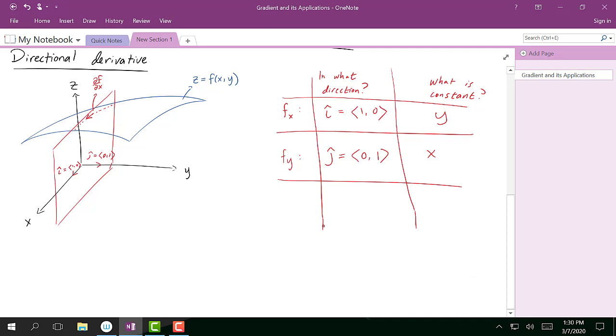And the way that we notate directional derivative is going to be a d subscript u of our function f. We typically put the vector notation on u.